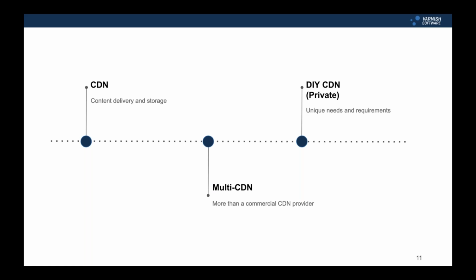And then from a multi-CDN approach, we have slowly moved into a private and do-it-yourself CDN, and that's all related to cost efficiency, but also to the increasing user personalization, and also the change, I'd say, of technology.